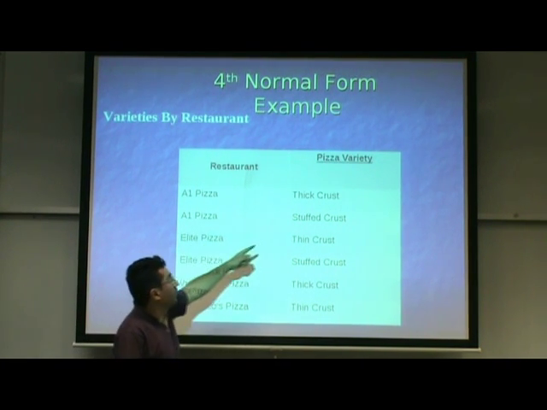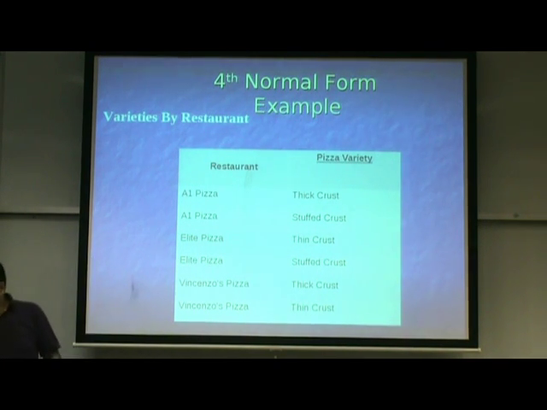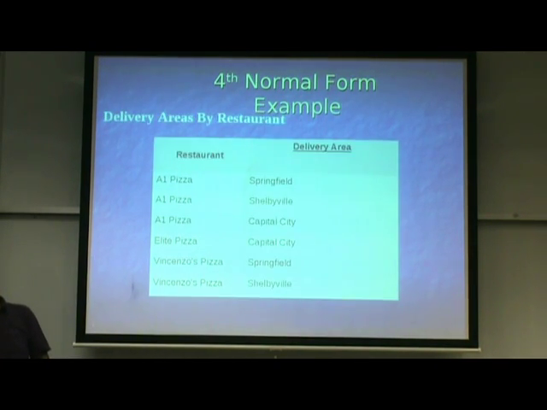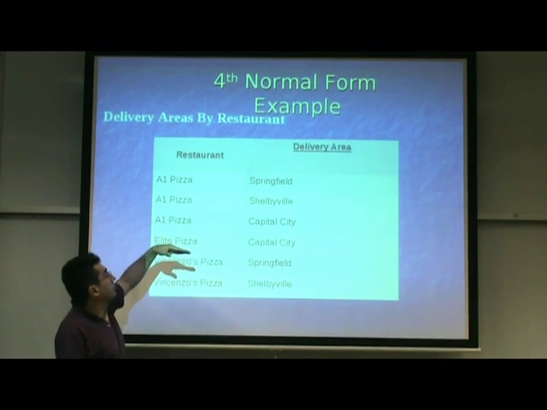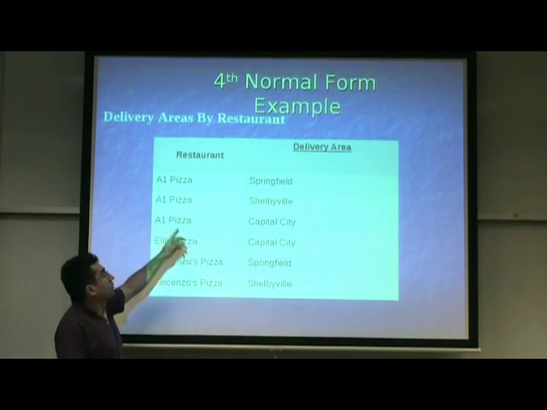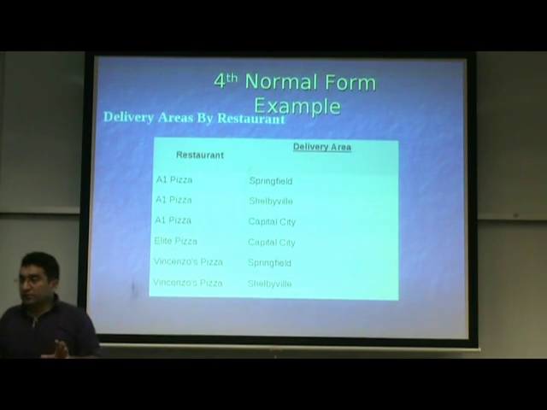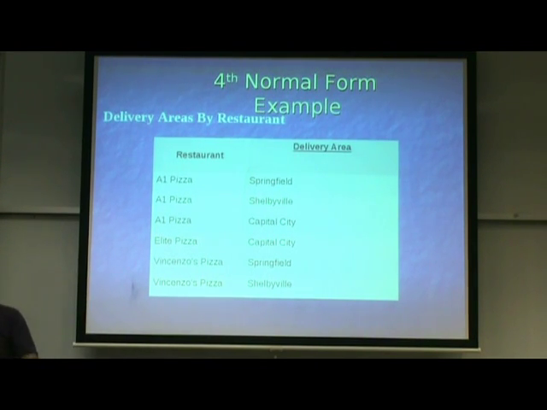Each restaurant and the type of pizza they are cooking, and also each restaurant and the area that they are covering. The underline is removed here, but it should be underlined. Restaurant and delivery area, both of them are primary keys. Okay, this is a many-to-many relationship. Okay, this is called fourth normal form.